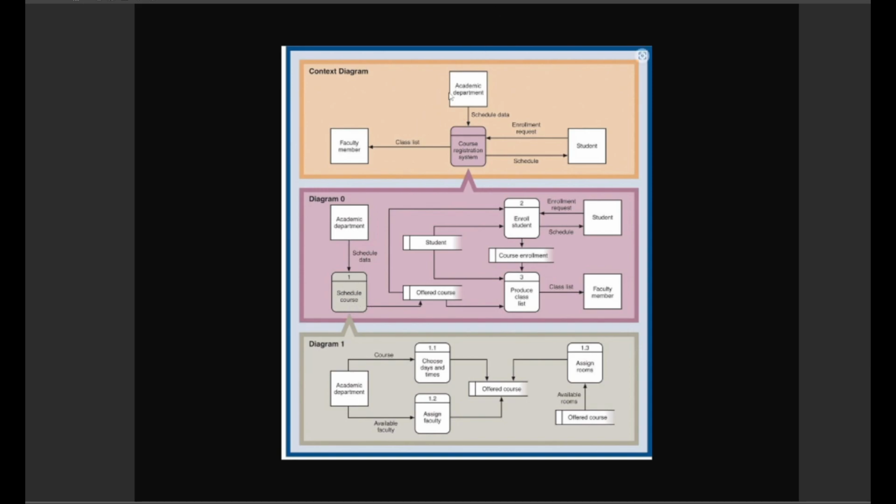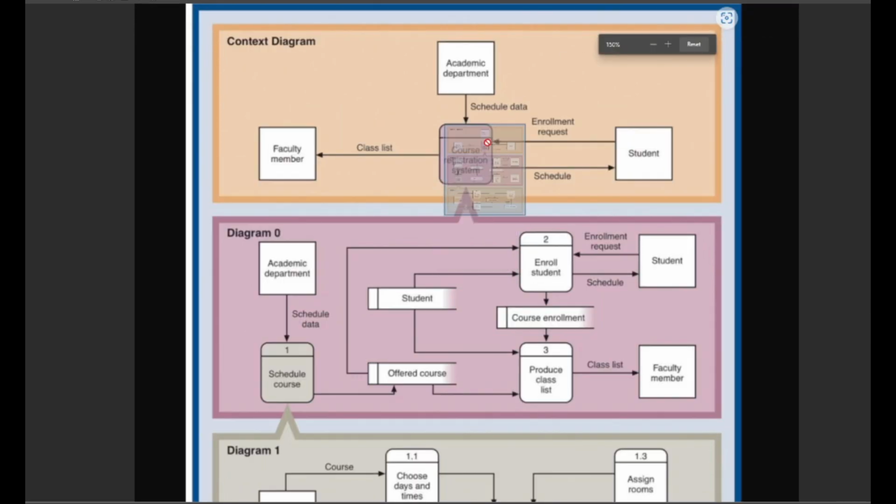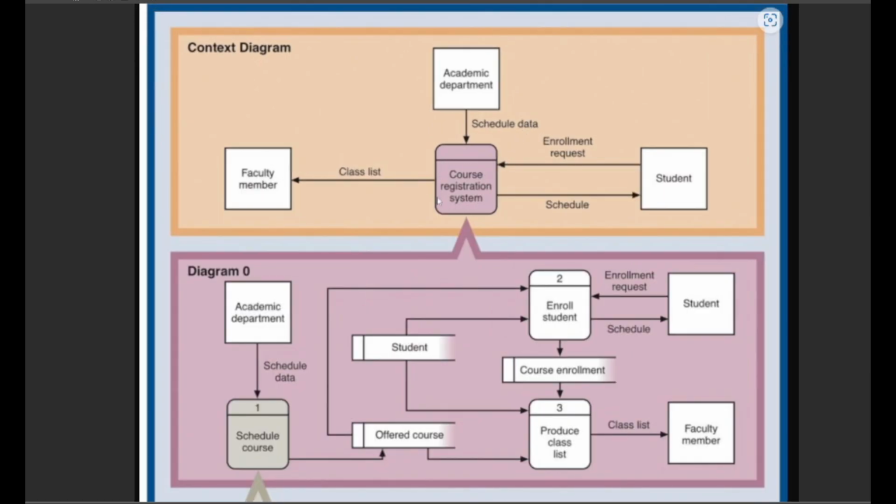In the context diagram, you can see that it just contains one process. It is not indicated here that this is process 0.